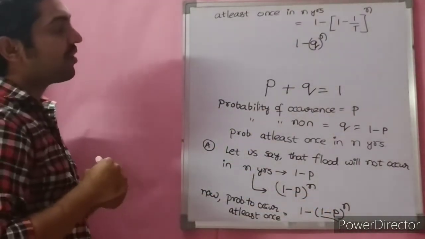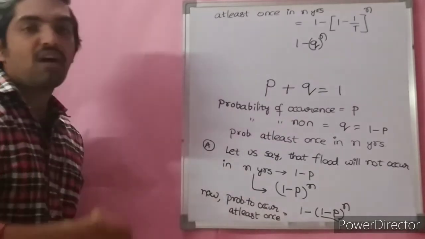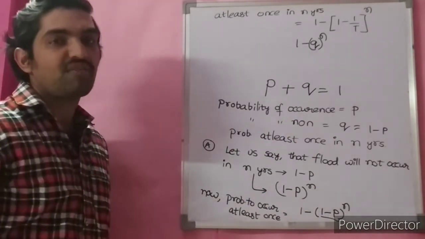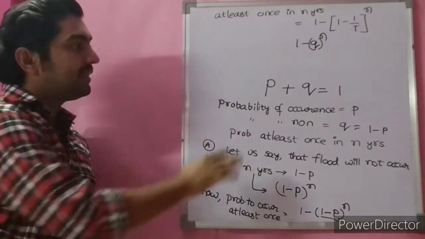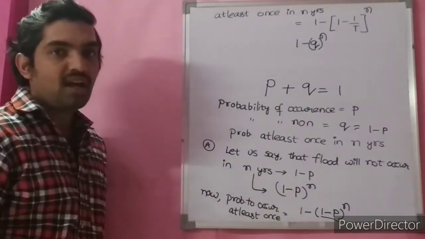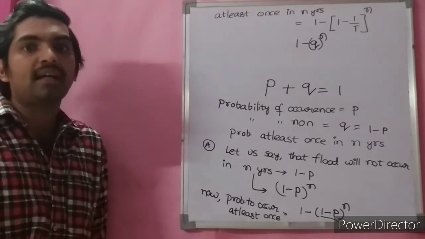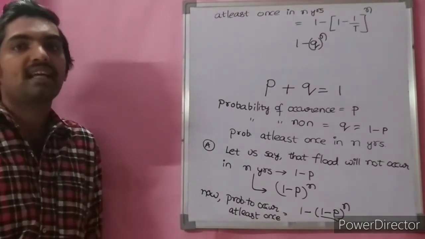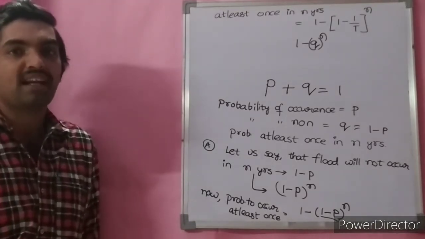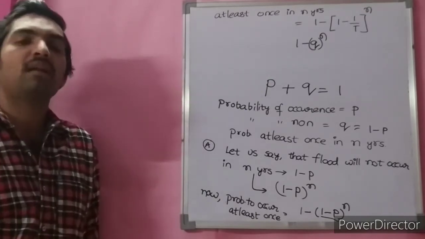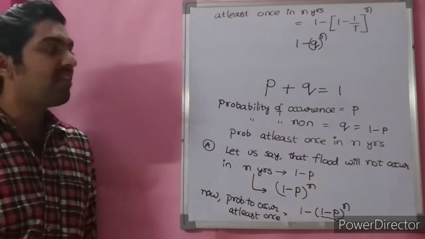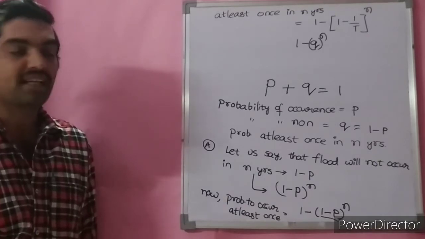So this is the concept of probability of occurrence of a flood and non-occurrence of a flood, how to segregate. This is based on the binomial distribution theorem, because we don't know. There is a chance, probability is nothing but chance. There is a chance of occurrence of a flood, p. No chance, 1 minus p. Binomial events are studied in probability and statistics.